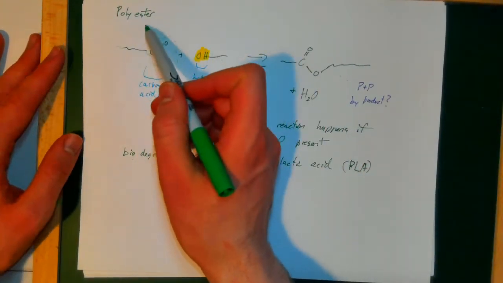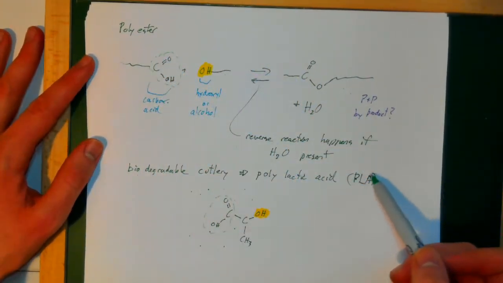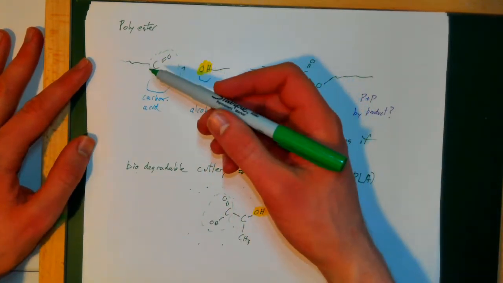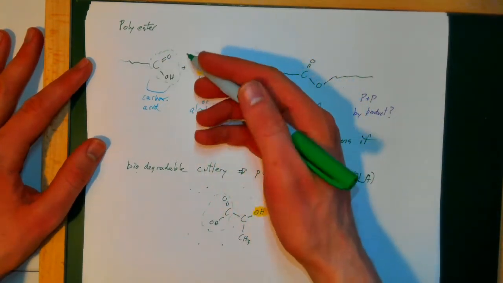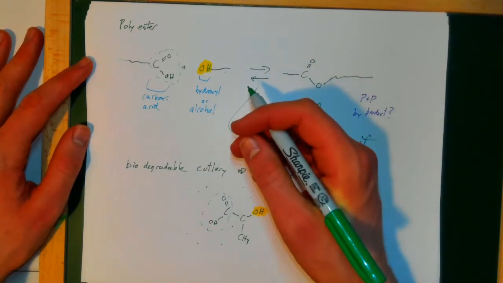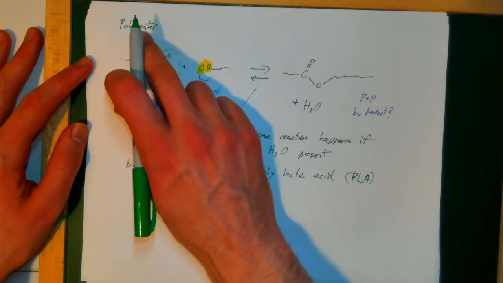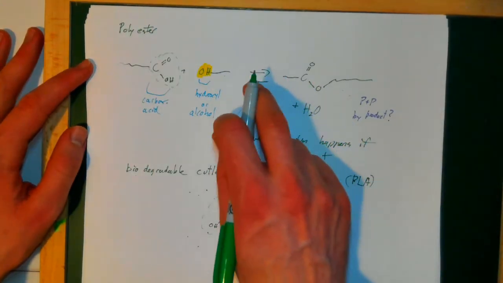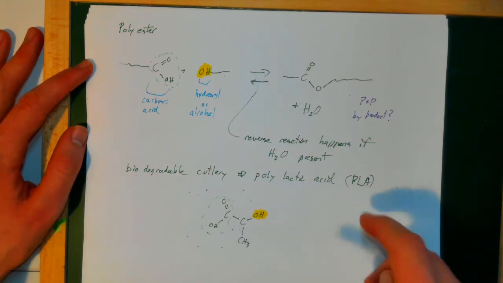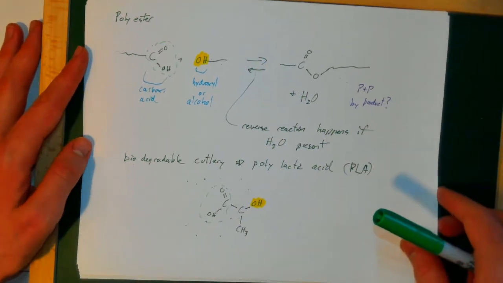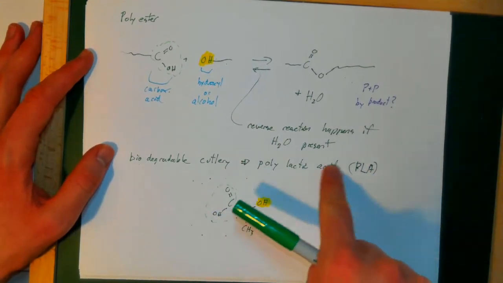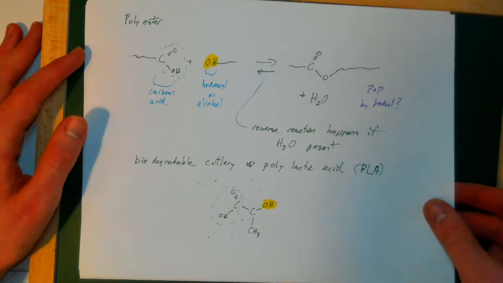Of course, not all polyesters biodegrade as rapidly as PLA. Some other biodegradable polyesters, for example, PET, which makes up plastic soda bottles, it's still a polyester. It's just that the reverse reaction is much slower for PET compared to PLA. So still biodegradable, just over millennia instead of over a couple of weeks or months.